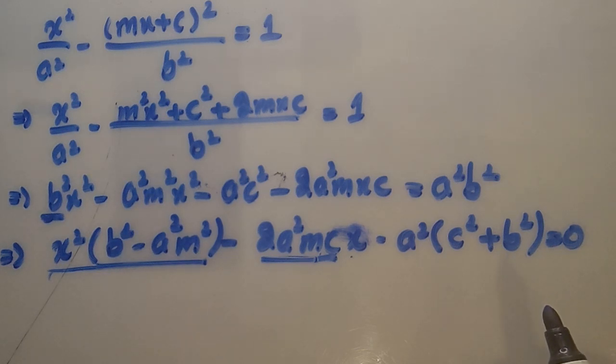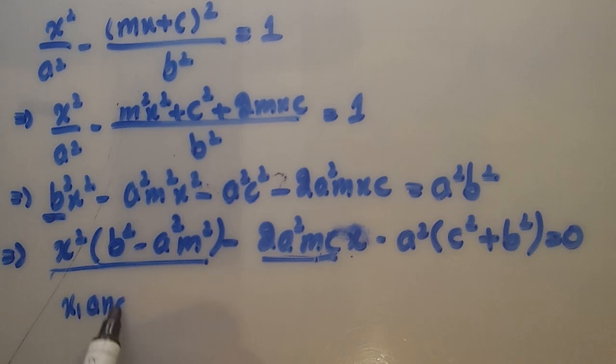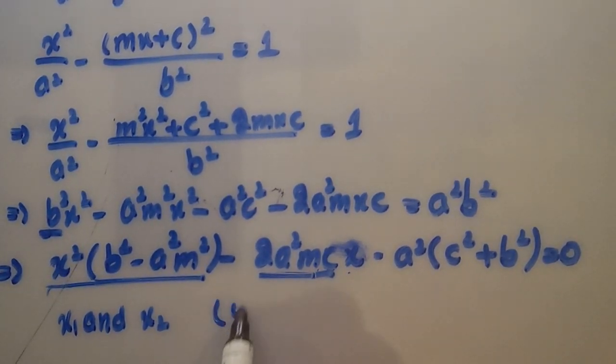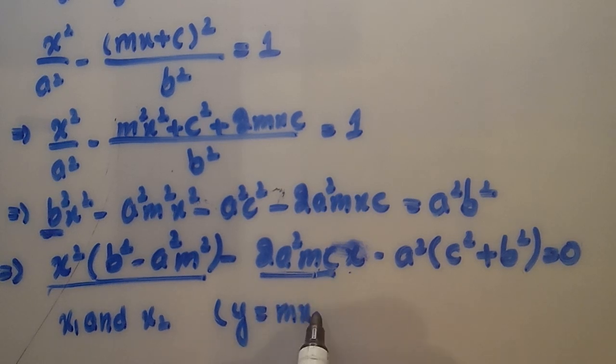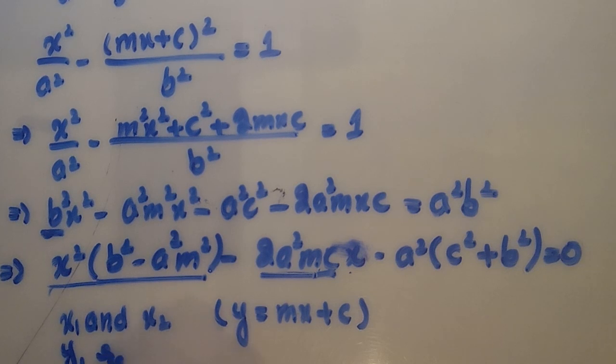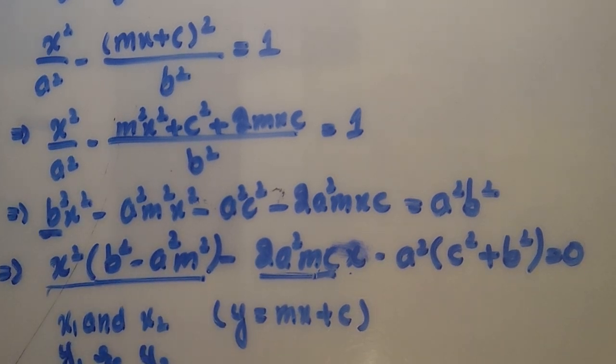Now we know that if we solve this quadratic equation, we will get two values of x, x1 and x2, and after substituting these values in the equation of tangent line, we will get two values of y, y1 and y2.